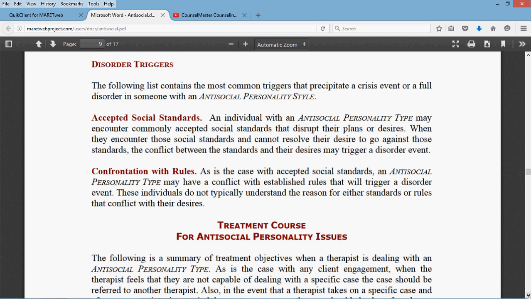Disorder triggers, what will cause a person to have an antisocial event, strong maladaptation, a full personality disorder. What will cause it? What are some of the leading things that cause this personality to trigger off?